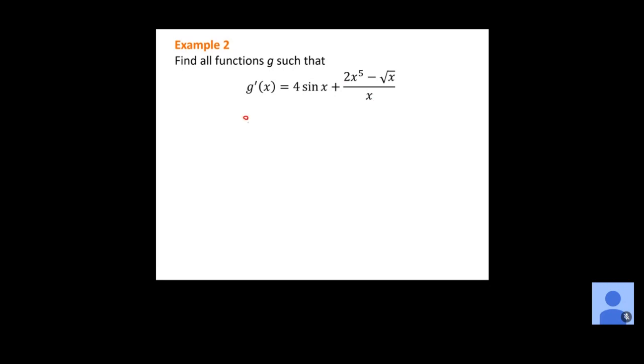So let's do that. If we divide each term by x there, keep our 4 sine of x, plus, what's 2x to the 5th divided by x? 2x to the 4th. Good. And now if we divide the square root of x by x, what are we going to get?